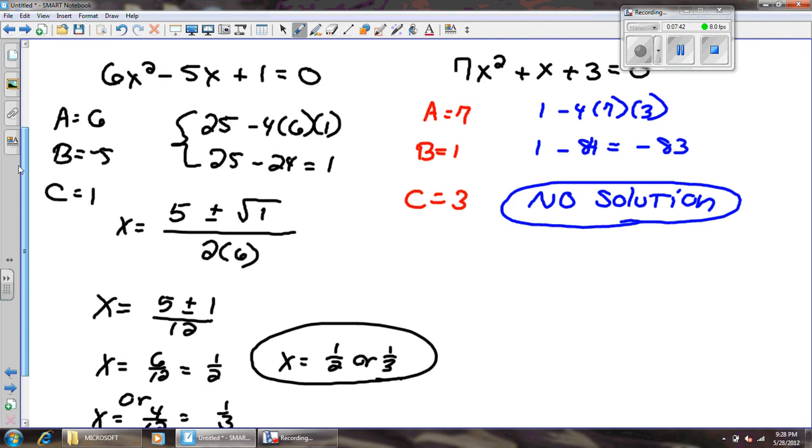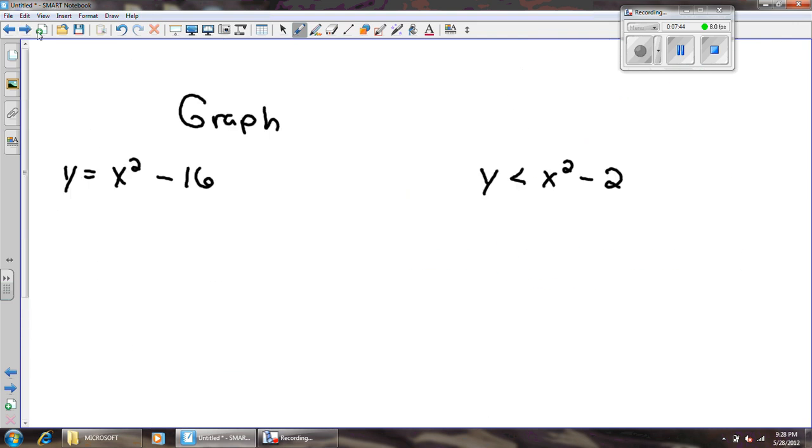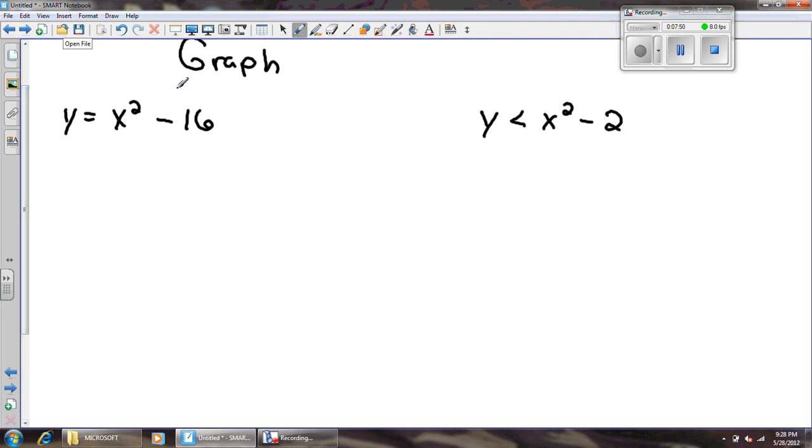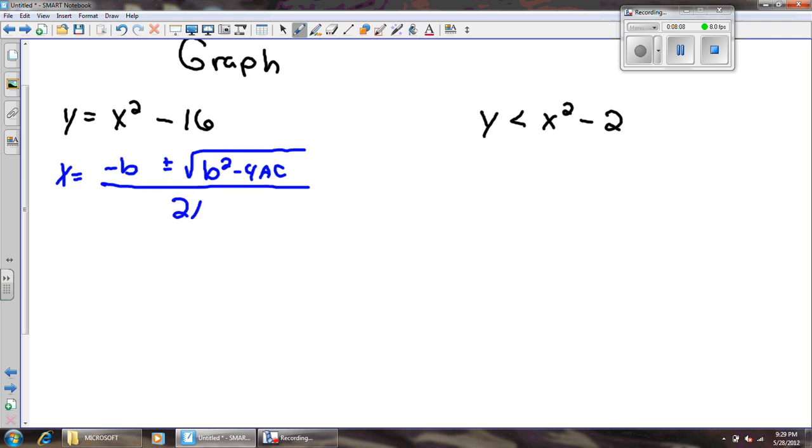All right, let's see what's next here. Graphing. Kind of need some graph paper for these. But before I actually go to my graph paper, I'm going to remember that x equals negative b plus or minus the square root of b squared minus 4ac, whole thing over 2a.